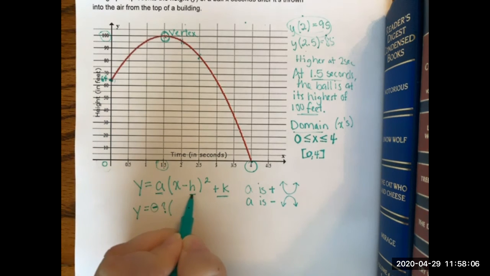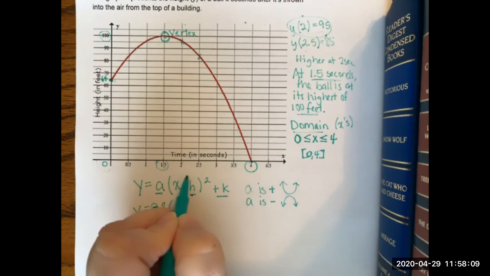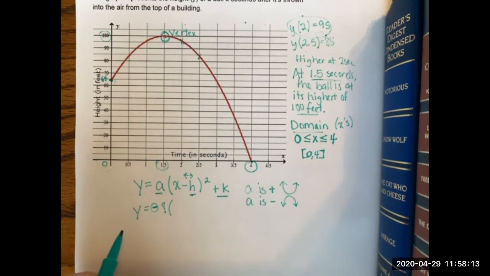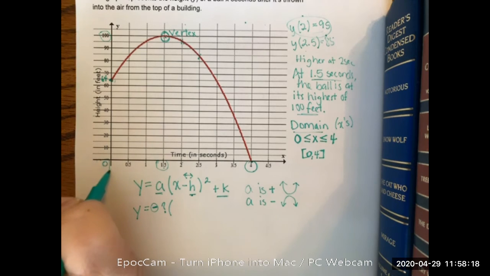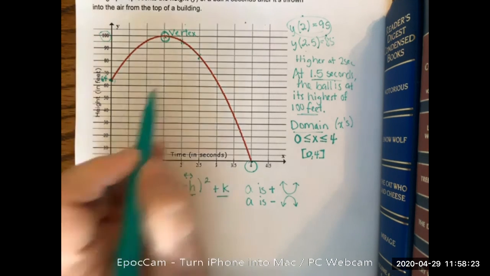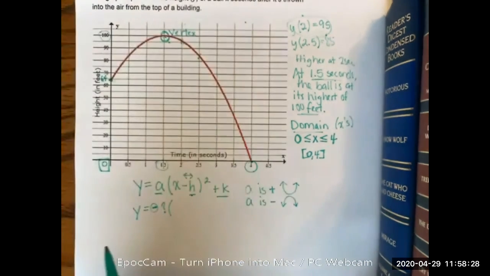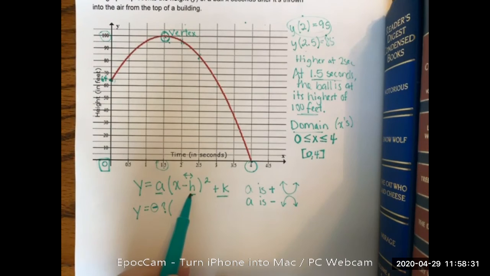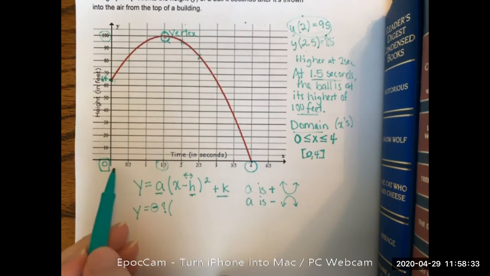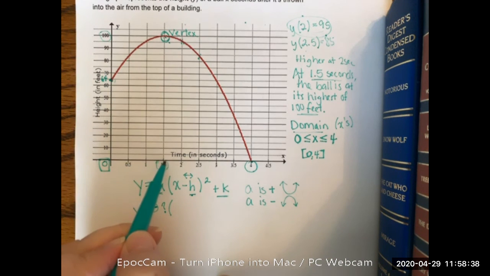Now, this h, if you'll recall, is your horizontal shift. How far did we shift left or right from the parent function, which has the vertex at 0, 0? So if our vertex from the parent function sits here at 0, 0, and this vertex is over here, it's over and up, then that means that our h is going to be different. So we know because we looked at it earlier that our vertex shifted over from 0 to 1.5 seconds.